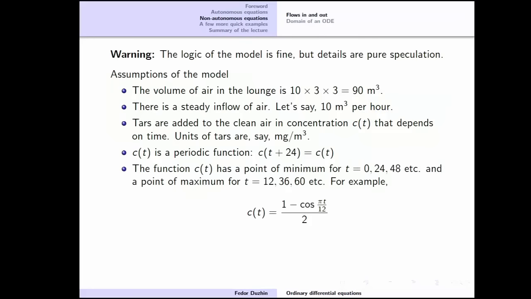Here is an example. I have designed this example so that the minimum value is 0 and the maximum value is 1. Again, I just don't know how accurate this is. I'm just speculating, but let us assume that it is like that.